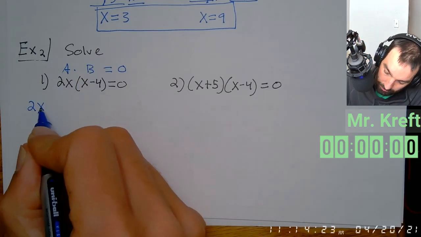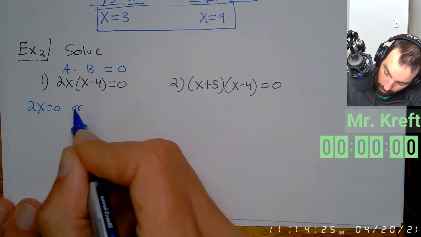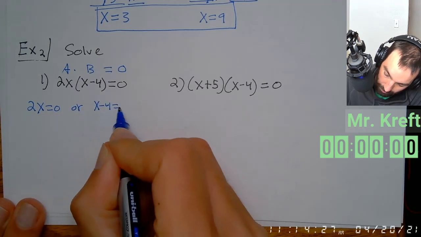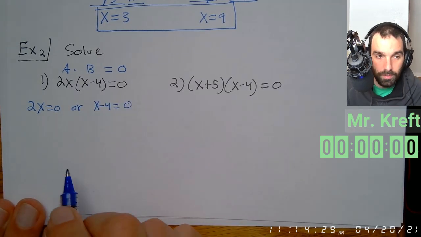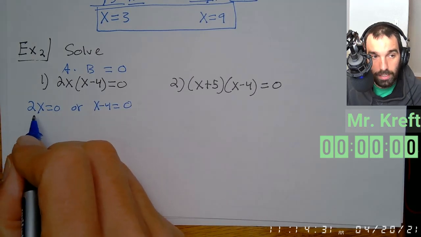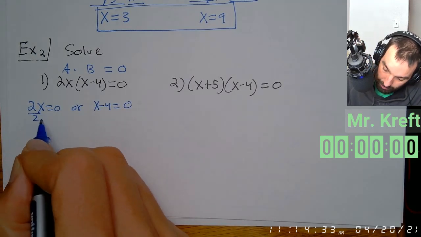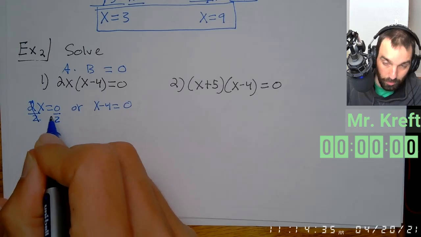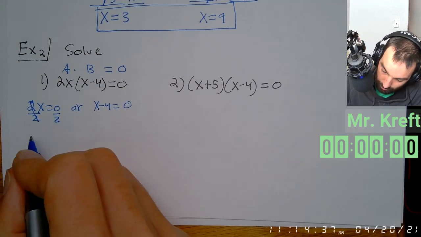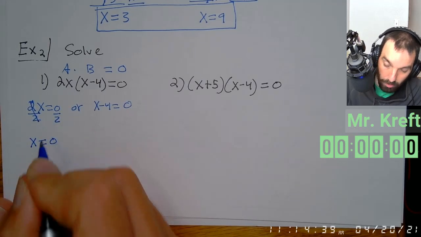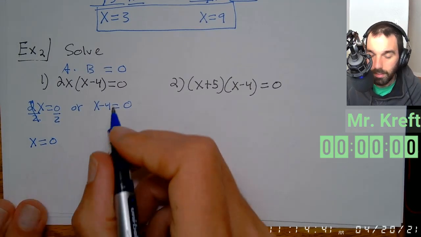So this means that 2x is going to equal 0, or x minus 4 is going to equal 0. So to do this, I've got to get rid of the 2, so I'm going to divide both by 2. Well, 0 divided by anything is going to be 0, so x equals 0 is one of my answers.